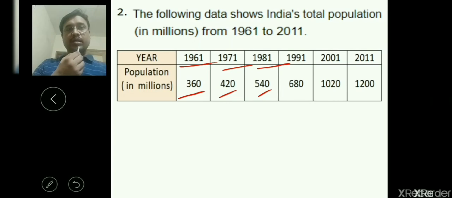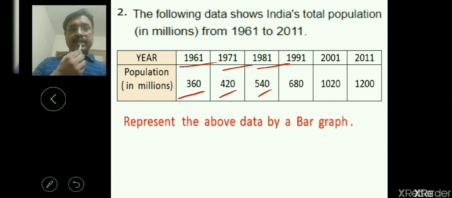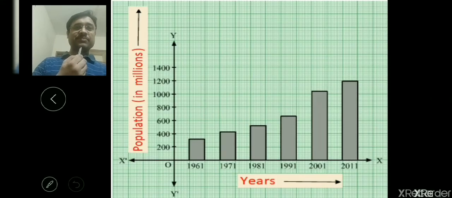You need to represent the above data by a bar graph. In this graph the years are the data items. Generally, if we want to represent the bar graph vertically, they should be represented on the x-axis only.